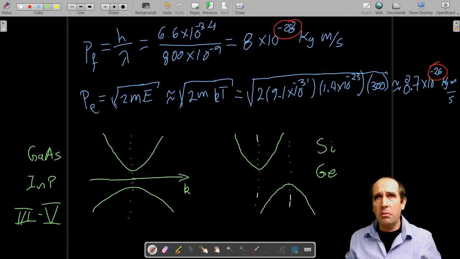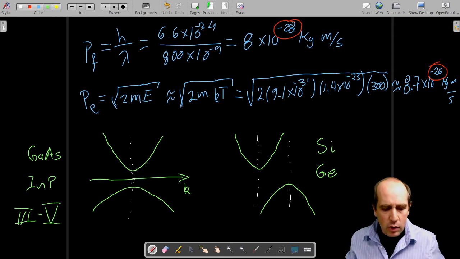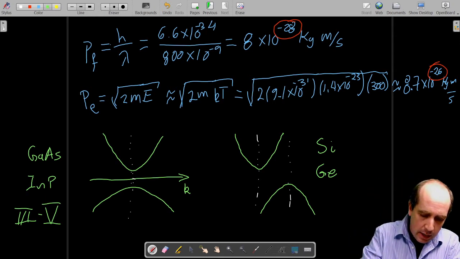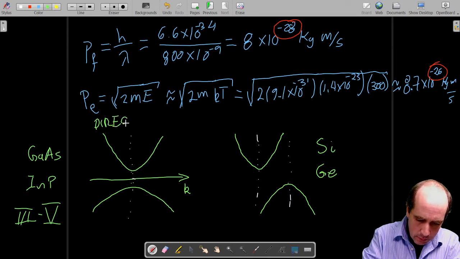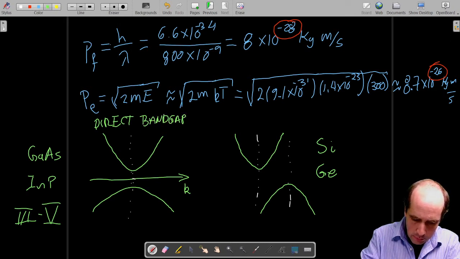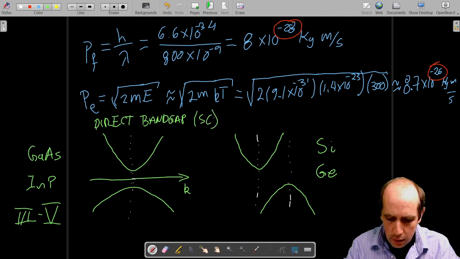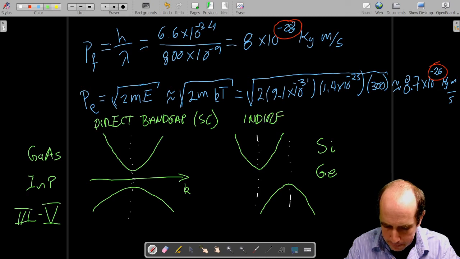There are essentially two types, and we call the ones on this side direct bandgap semiconductors, and we call the other ones indirect bandgap semiconductors.